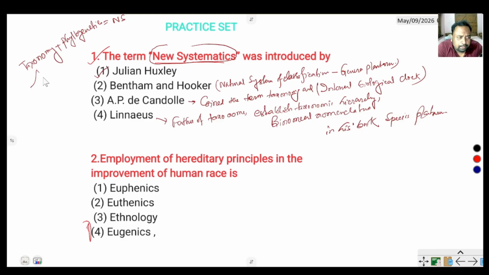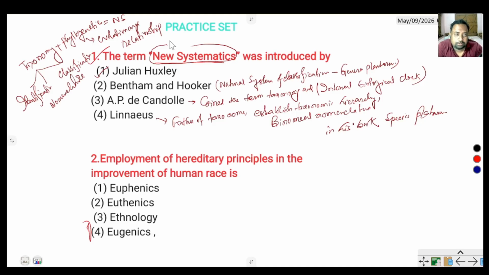Taxonomy is the branch of science where we classify an organism on the basis of identification, nomenclature, and classification. And phylogenetics means evolutionary relationship. So I think you understand the meaning of neo-systematics: it is the branch of science that deals with taxonomy and phylogenetics.